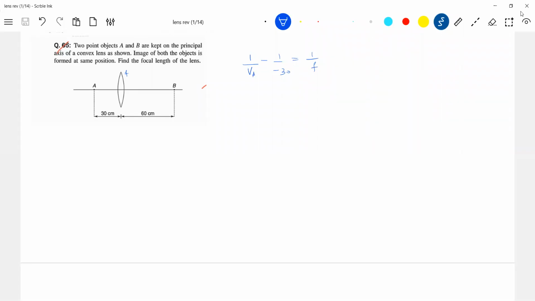If the image formed by the object A is virtual, that is possible. Similarly, what happens to object B? If object B also forms its image here, it will be real.